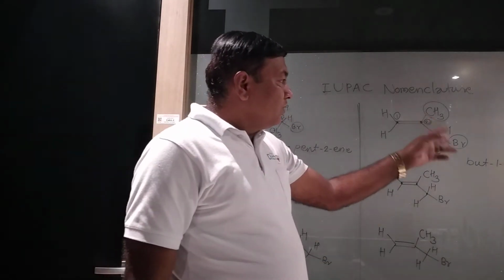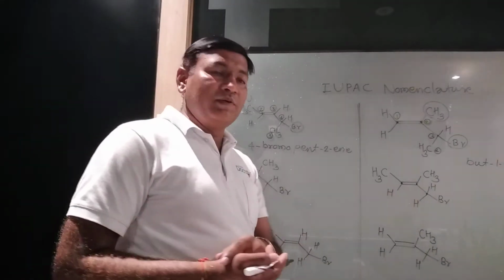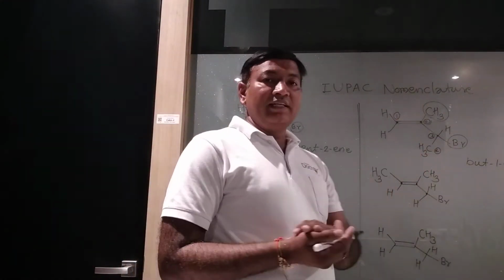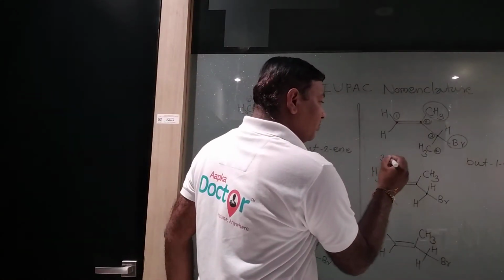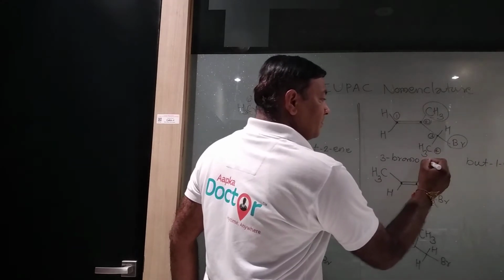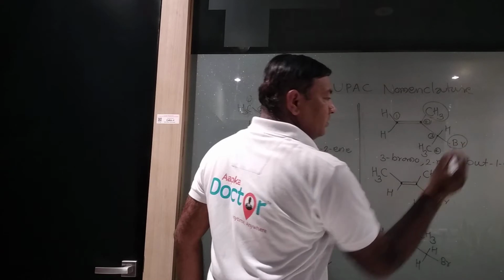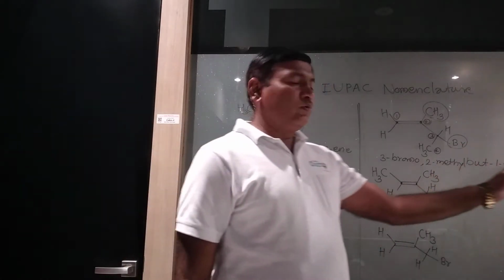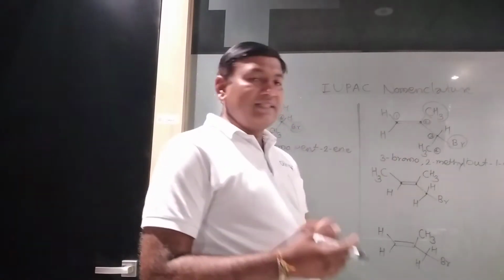Out of these 2 and 3, which do we write first? As I have mentioned before, we give preference alphabetically. It means 3-bromo, 2-methyl, but-1-ene. This is the IUPAC nomenclature of this compound.